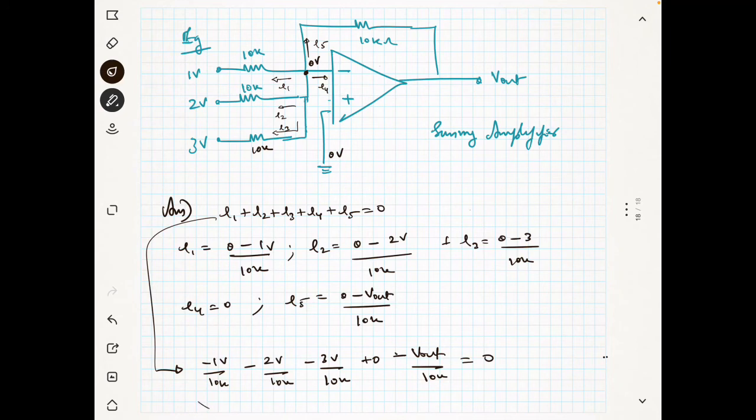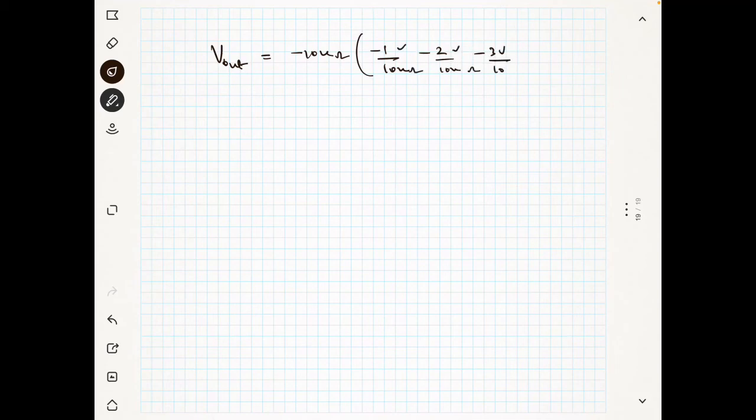So I can solve this equation. I can find my V out. What is my V out? V out is equal to minus 10 kilo ohm multiplied with minus 1 by 10 kilo minus 2 by 10 kilo minus 3 by 10 kilo. All these are in volts, and this is kilo ohms. So this will cancel. These 10s will cancel.